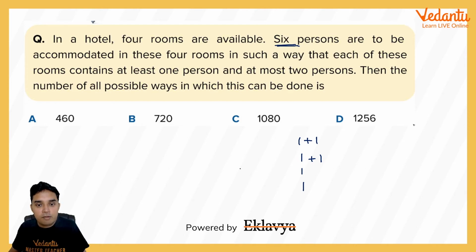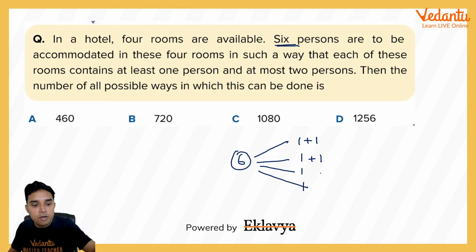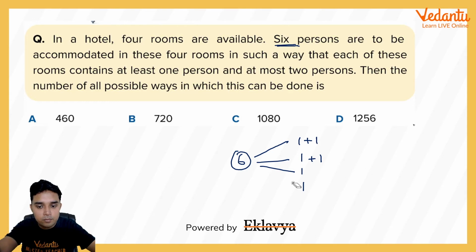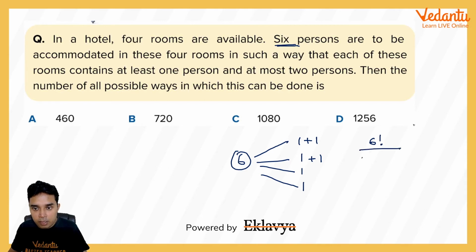So what we have to do is first create groups of the 6 persons into 4 groups of sizes 2, 2 and 1, 1. And this group formation will be done in how many ways? 6 factorial upon 2 factorial 2 times, 1 factorial 2 times, and then I have to divide additionally by 2 factorial 2 factorial.